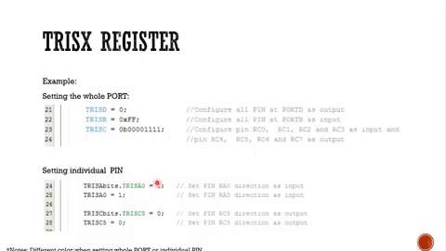We can either do this or we can do this. And then the other one, we set port C bit number 5 equal to 0. This means that we want port C bit 5 to become output. So you can also do this: TRISC bit number 5, TRISC5 equal to 0. So this means that this bit will become output.